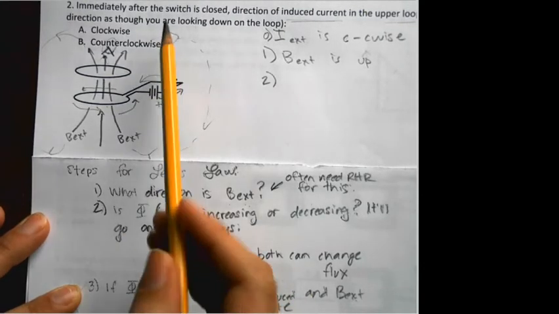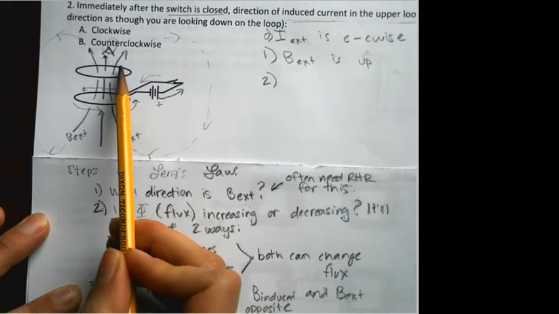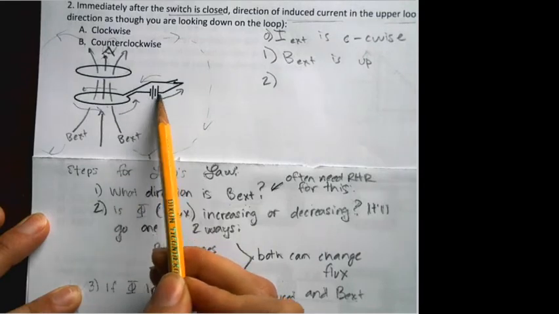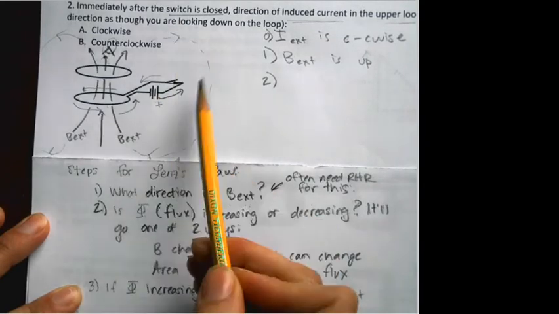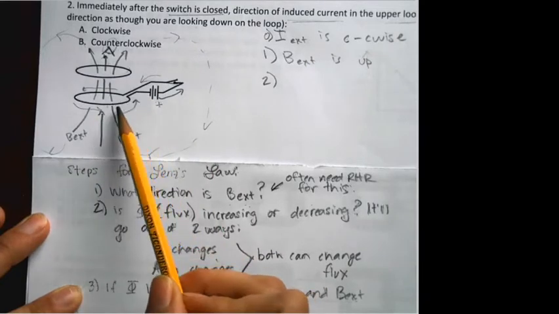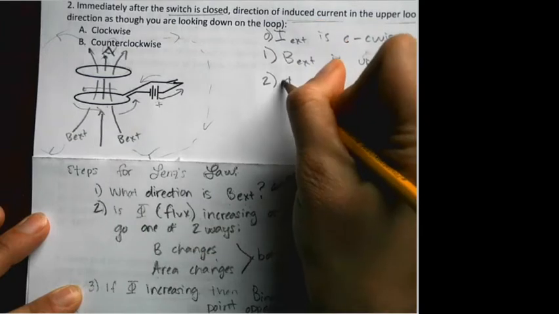As we close the switch, the flux goes from nothing through this loop, because there was no current when the switch is open, to something, because now there is current. So that must be an increase in flux.